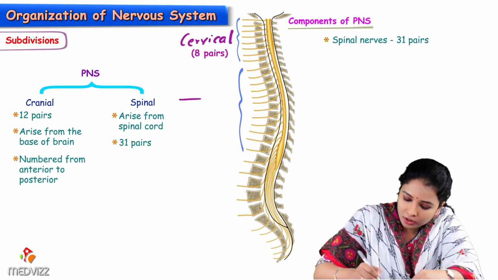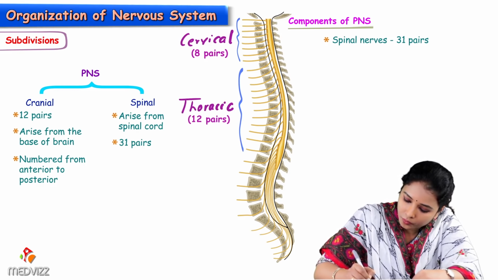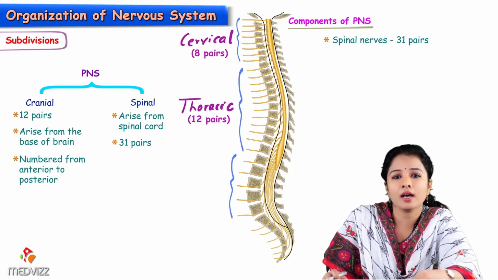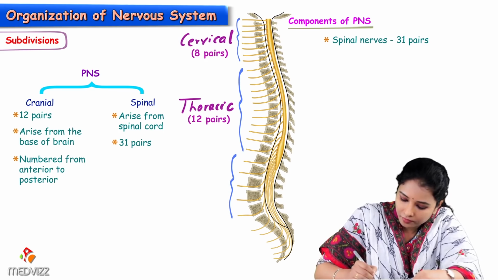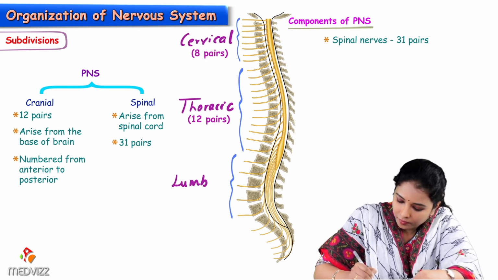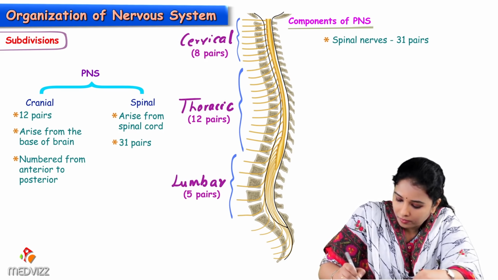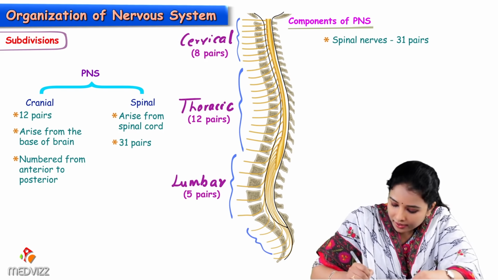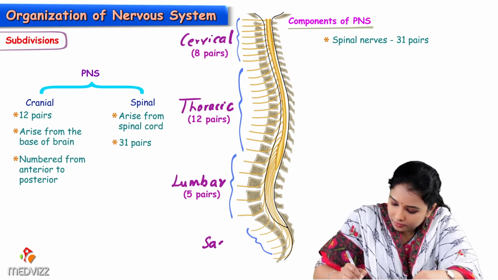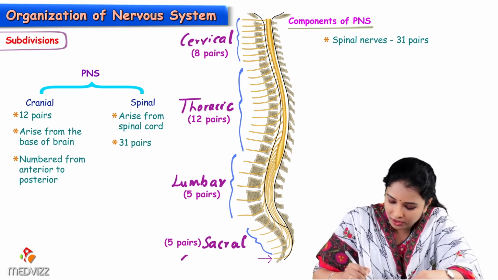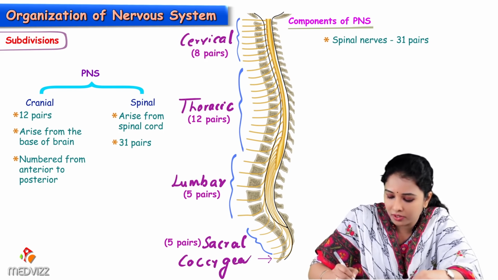Then 12 pairs are thoracic, then 5 pairs are lumbar, five pairs are sacral, and the last one pair is the coccygeal, which is also present along with the sacral nerves, coccygeal.